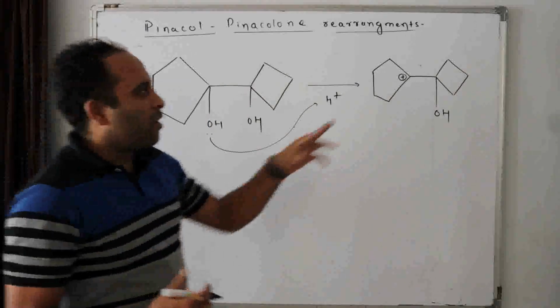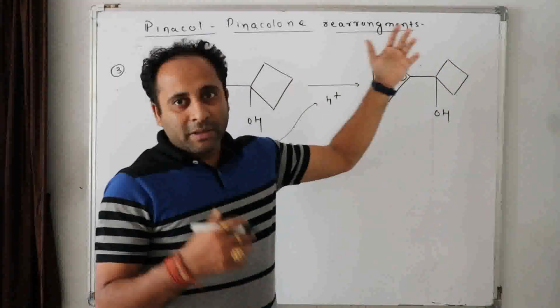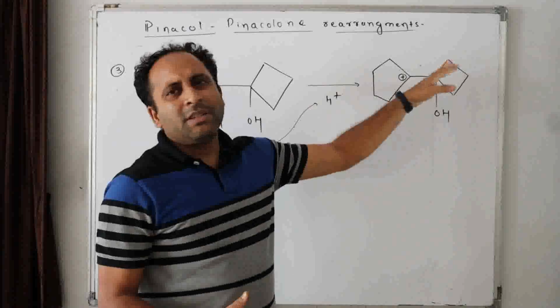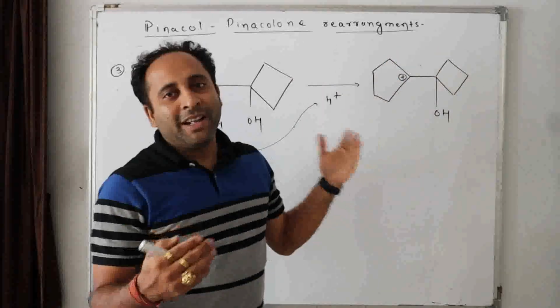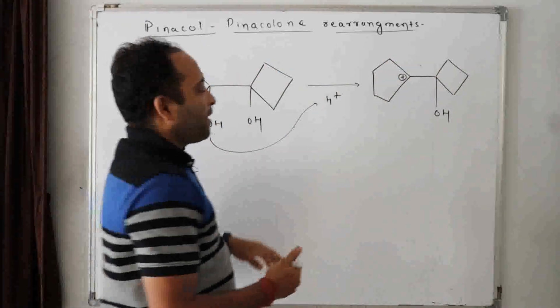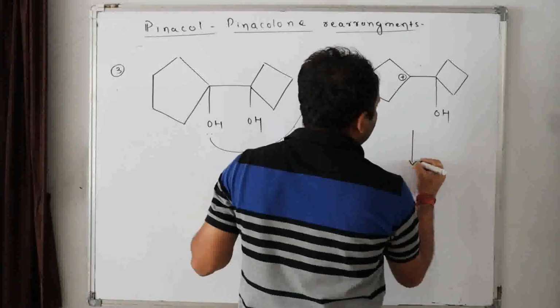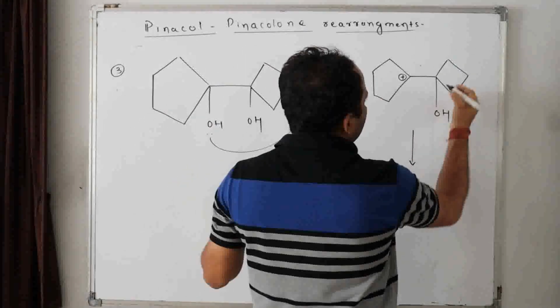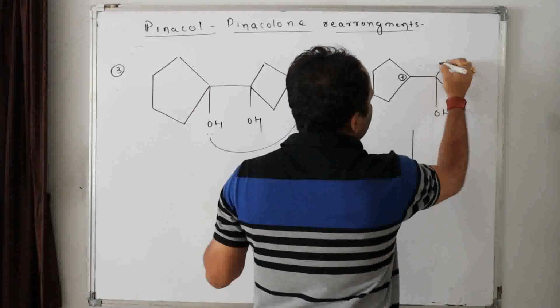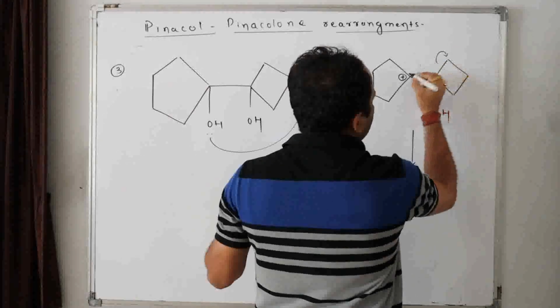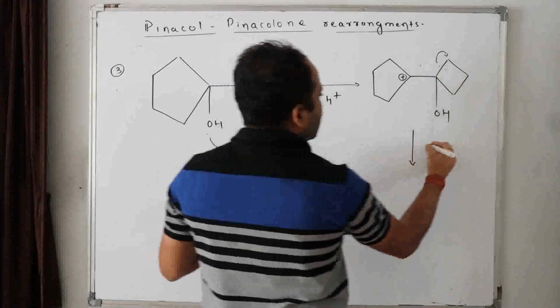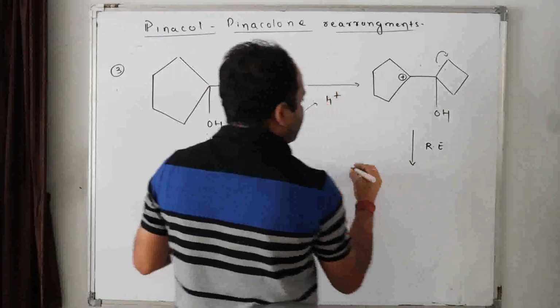I think 4 becoming 5 will be much more eager to happen. Why? Because once it becomes 5, it can have more stability than 5 becoming 6. Now, in this case, what will happen? This is alpha, this is beta, this will come over here, negative, positive, this will be bonding. Ring expansion occurs.